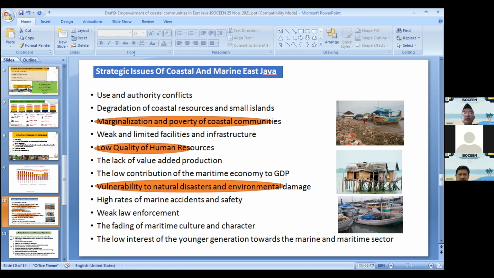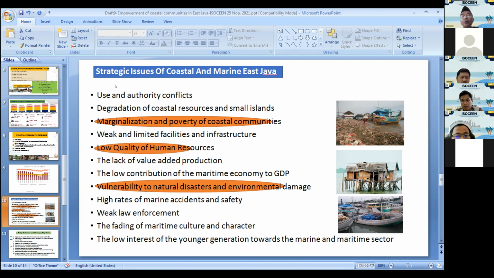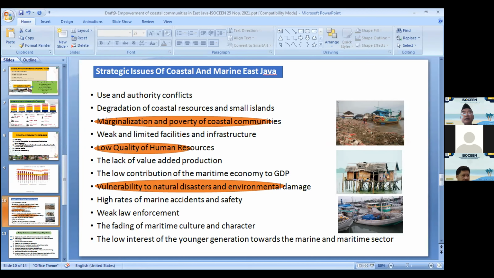When we want to improve the population in coastal areas, actually the best one is education.